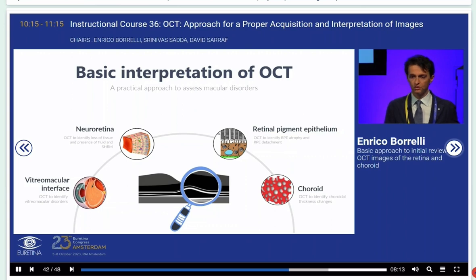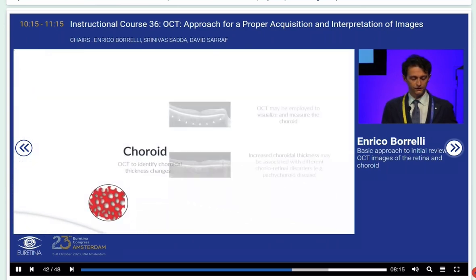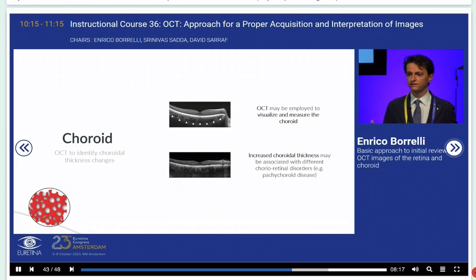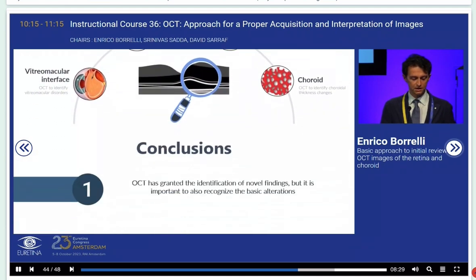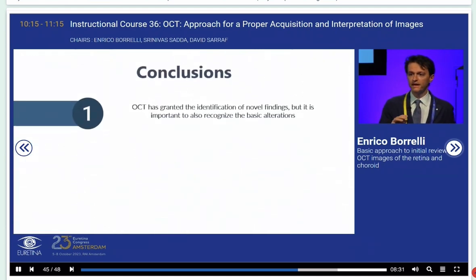Finally, we should look at the choroid. Of course, there are different characteristics we may appreciate using structural OCT, but the thickness of the choroid is something important, as this is associated with different disorders. So in conclusion, using structural OCT, we may appreciate different biomarkers and different characteristics which are associated with a number of disorders.